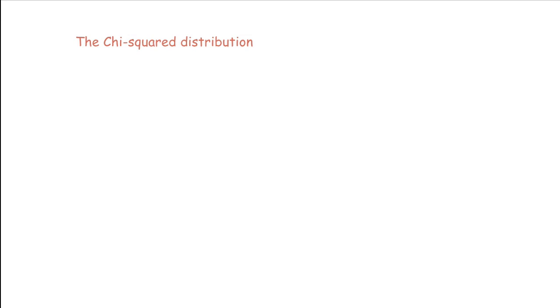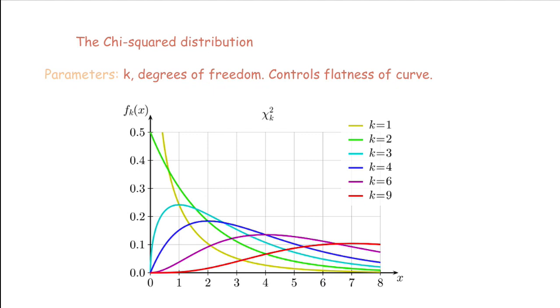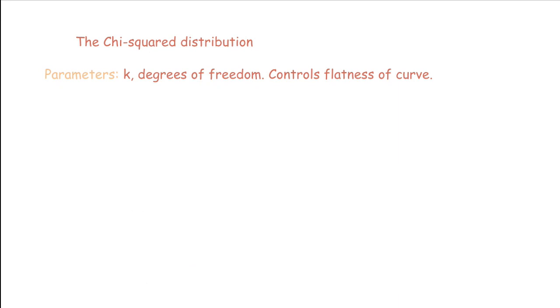The next and final distribution today will be the chi-squared. It has one parameter, k, which is the degrees of freedom. It controls the flatness of the curve. The higher, the flatter. I'm not going to get into what degrees of freedom are. It's beyond the scope of this video, maybe in the future.